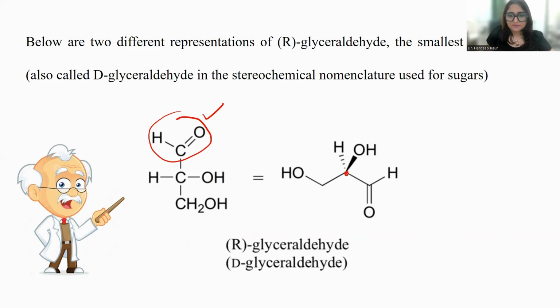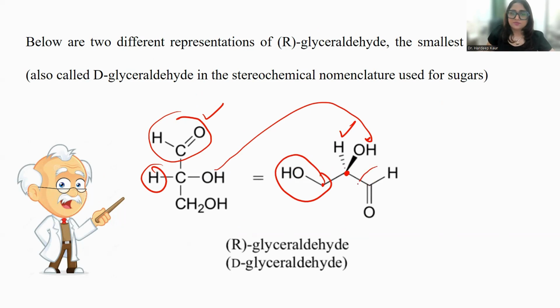This is the chiral carbon, this is H, this OH is represented here, and this is CHO. This CHO is an aldehyde group, and this is CH2OH.